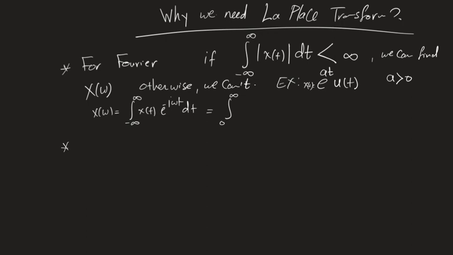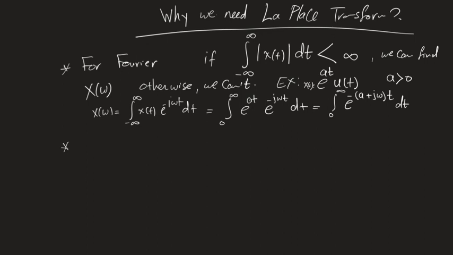And then in that part from 0 to infinity, you have the e to the at multiplied by e to the minus j omega t dt, and this is equal to the integration from 0 to infinity of e to the (a minus j omega) t, and you integrate with respect to t.